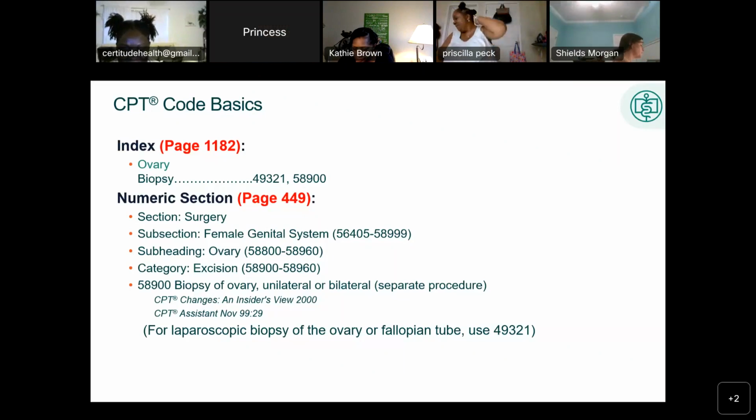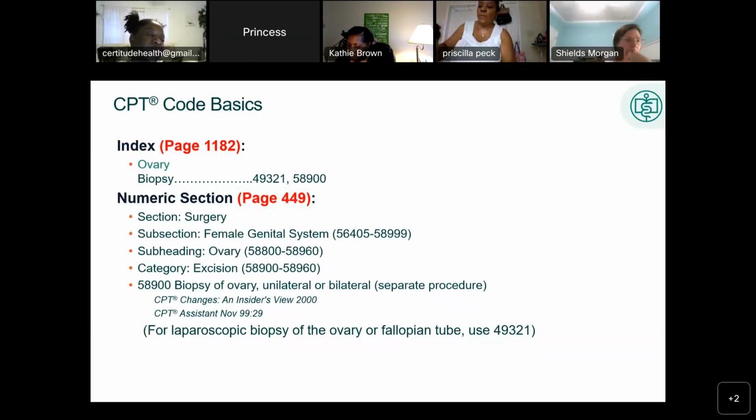All right, so the index is going to be very, very helpful to you as well. Once again, there are so many different helpful resources, but this index really does give instructions for the use of the CPT book, but that's also in the front. And it tells you how to use the book. So remember in ICD-10 diagnosis coding, you have to search in the alphabetic index for the condition.